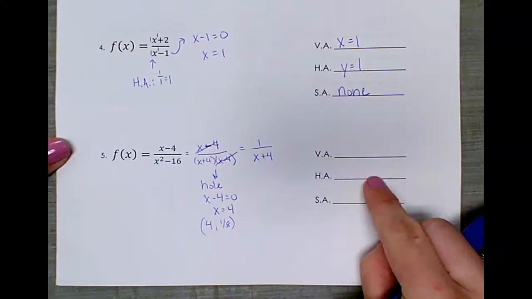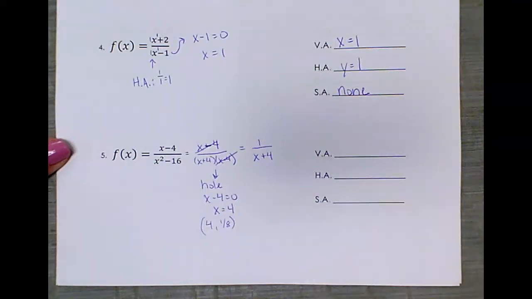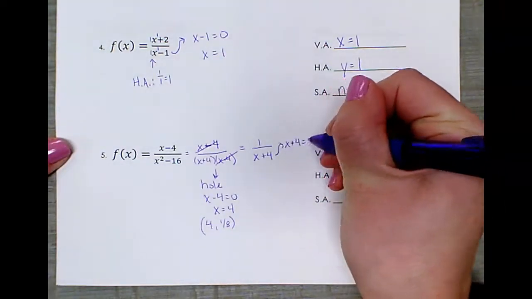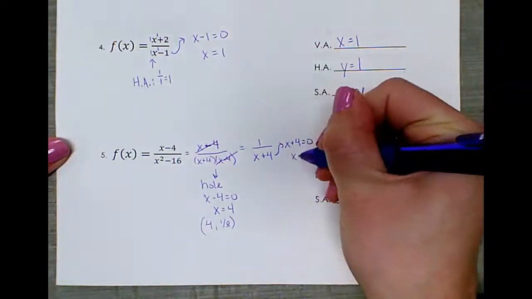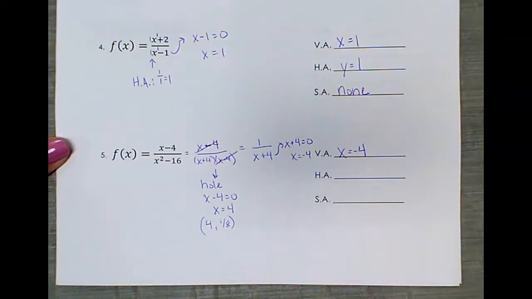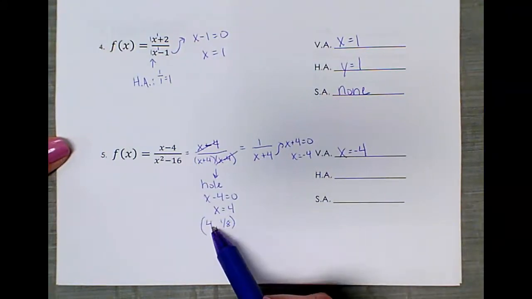Now it's not something that we were asked for here, however, it is nice to be able to make the connections from previous lessons. So, for the vertical asymptote, if x plus 4 is equal to 0, x has to equal negative 4. That's the vertical asymptote. X does not equal positive 4 for the vertical asymptote. That's a hole.